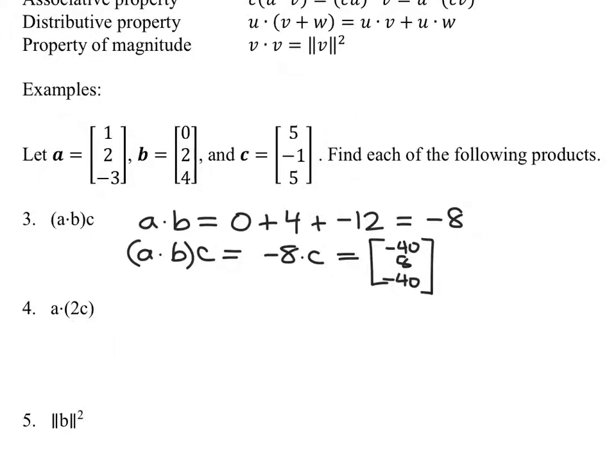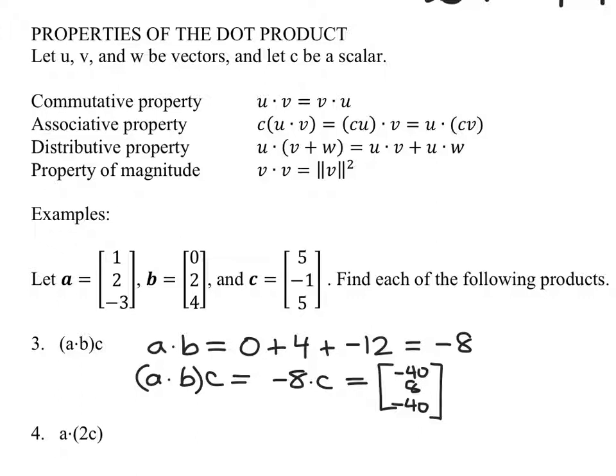All right, so it's just a matter of following order of operations. Like in number 4, you can dot the A against double the C value, but one of the properties above this tells us that we could associate a scalar multiple with any part of the product.